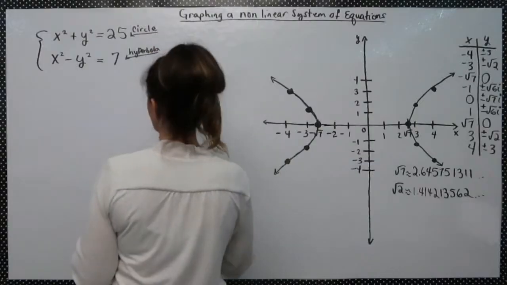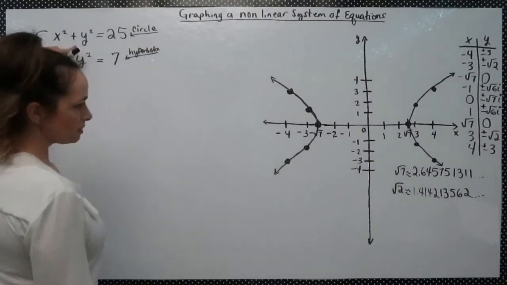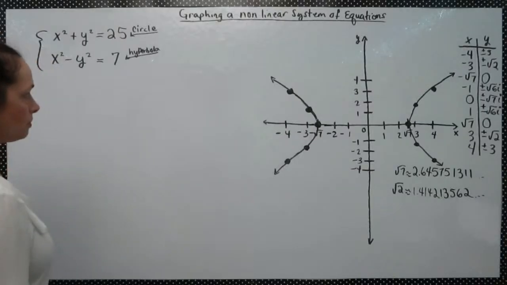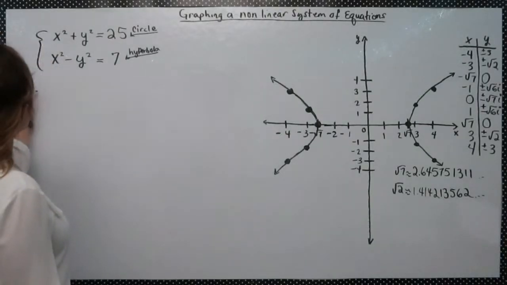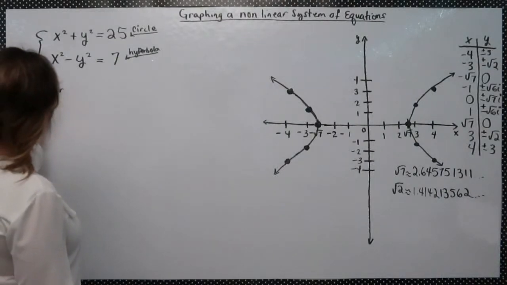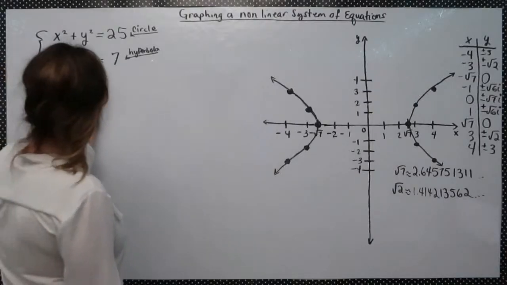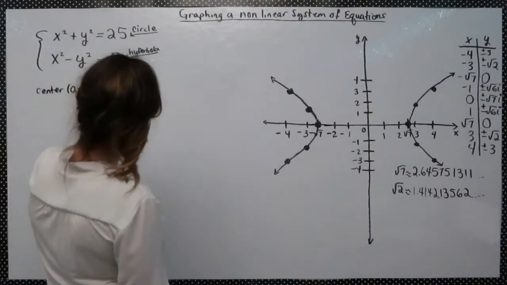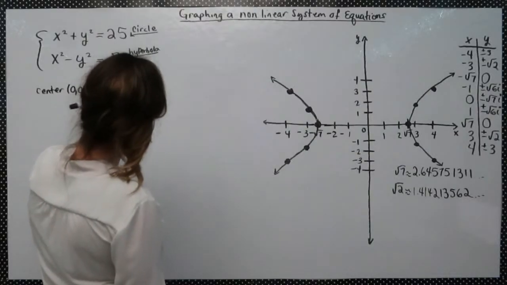Okay, so we have the circle and we have the theory behind the circle. So I don't really want to put that equation up again, but we have the center is at 0, 0, and the radius, well, r squared equals 25.